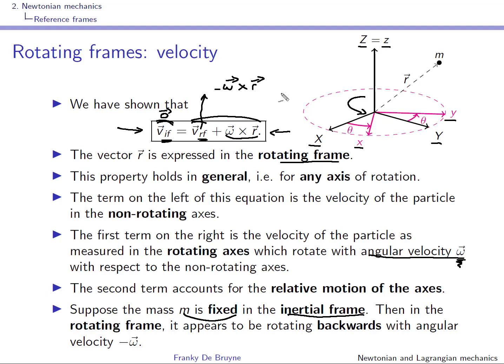What does this mean? This means that if the mass is fixed in the inertial frame, then it will appear to be rotating backwards with angular velocity minus omega, which is kind of logical.